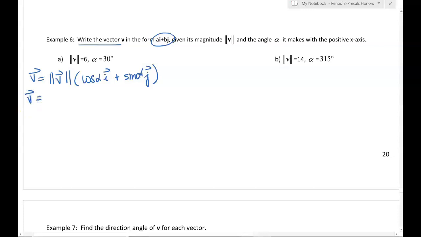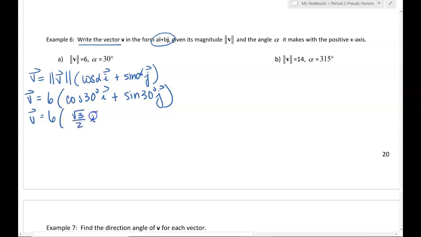The magnitude is given to you here, 6 units long. Cosine of 30 degrees in the i direction plus sine of 30 degrees in the j direction. Yes, you have to simplify that out because it wants it in just ai plus bj. So cosine of 30 degrees is square root of 3 over 2 in the i direction, and this is going to be 1/2 in the j direction.